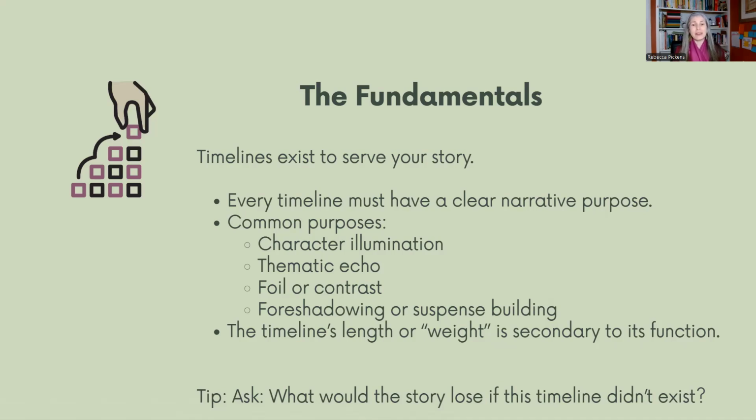It can also provide a thematic echo or foil or contrast between characters, and it can help with foreshadowing. Another timeline can add to suspense, tension. So these are the fundamental reasons that an author may decide to include a secondary timeline in their story.